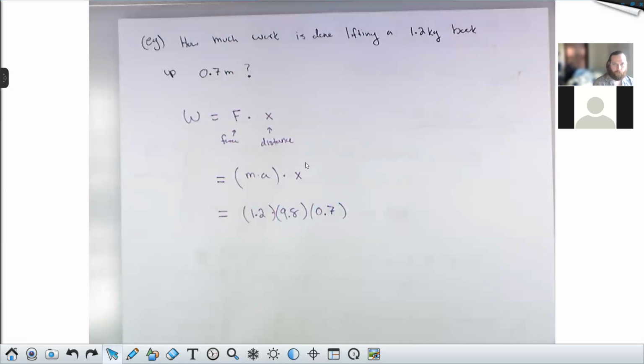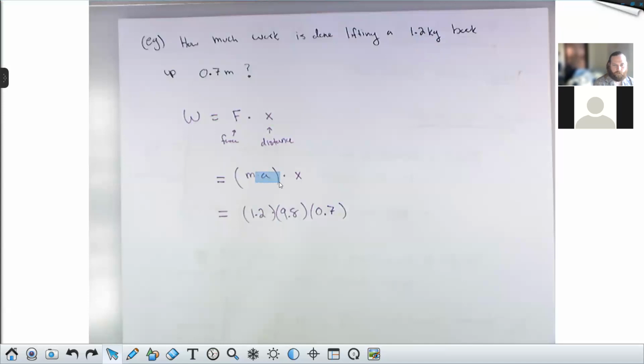What we're doing is calculating the work done in lifting a 1.2 kilogram book up 0.7 meters. The big deal is that work is the force times the distance. To get the force that we're working against, you have to take its mass and multiply by the acceleration.